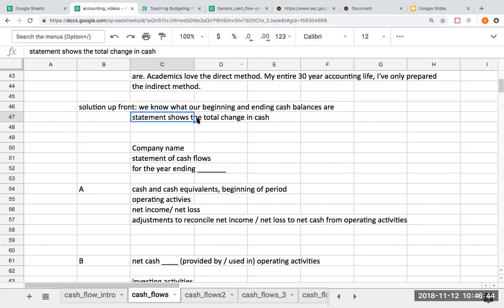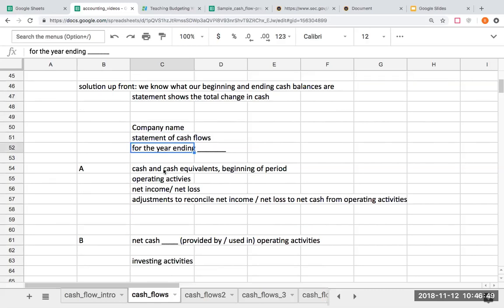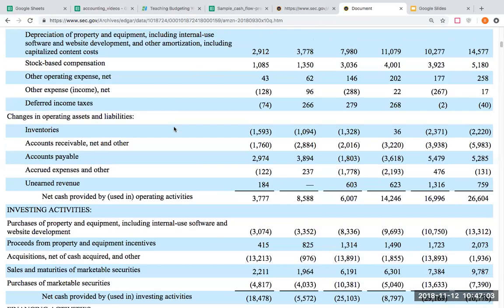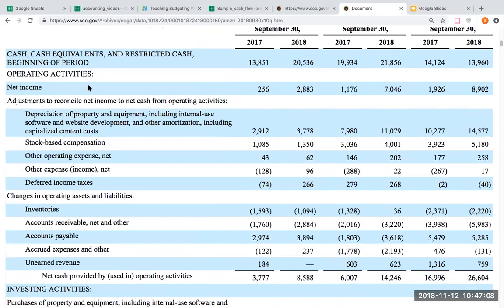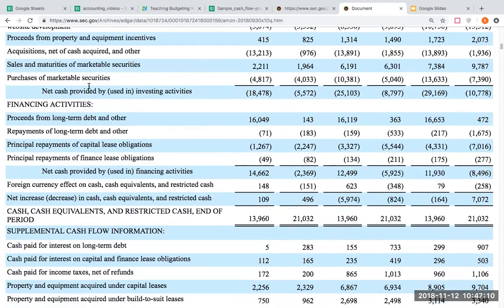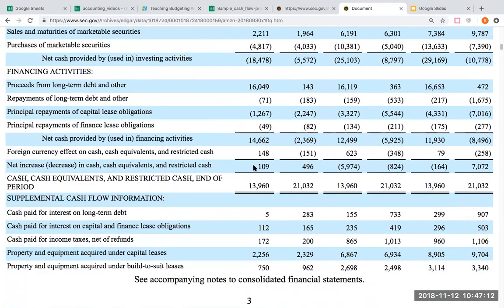And so right here, I'm going to have my company name, statement of cash flows, and then for the year ending. I'm going to start with my cash and cash equivalents at the beginning of the period. This is something kind of new, because again, I'm learning too. When you're looking at the new statement of cash flows, they start with cash at the beginning of the period. They go into operating activities, financing, and then the change in cash gives you cash and cash equivalents at the end of the period.